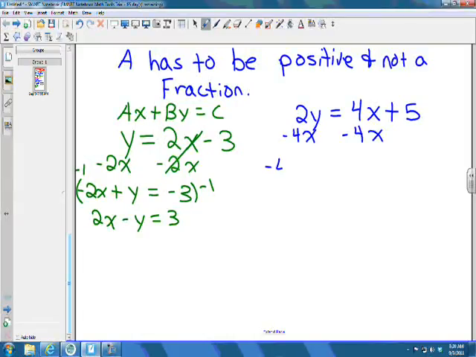So we would have negative 4x plus 2y equals positive 5. And as far as doing that multiplication or division times negative 1, if you don't show that, I'm all right with that. As long as you know you need to change all the signs, that's totally fine. 4x minus 2y equals negative 5. And that is in standard form.